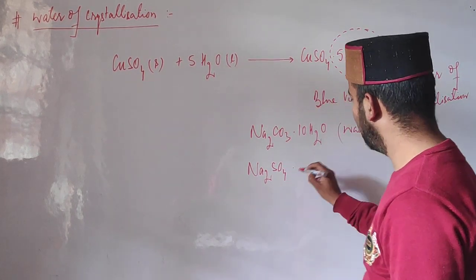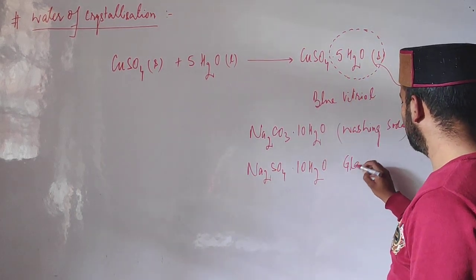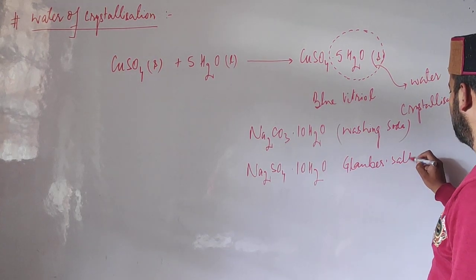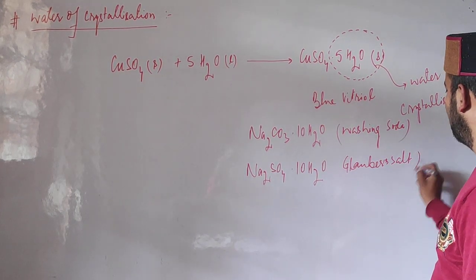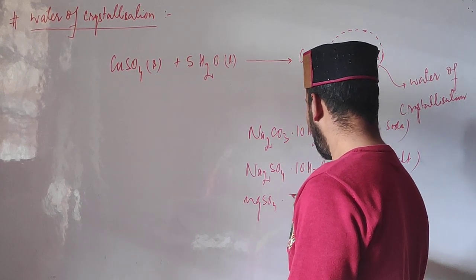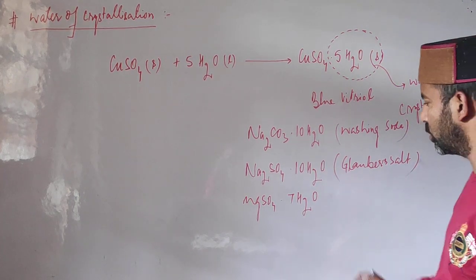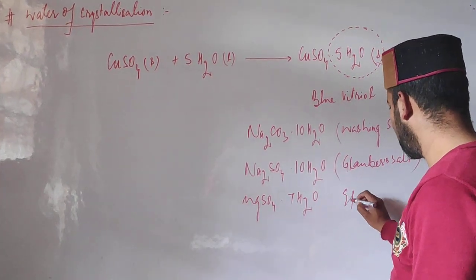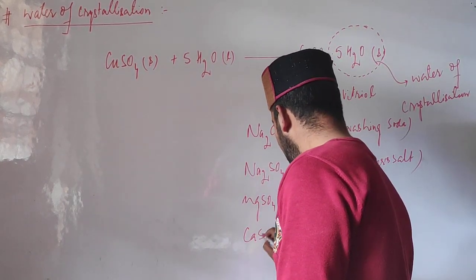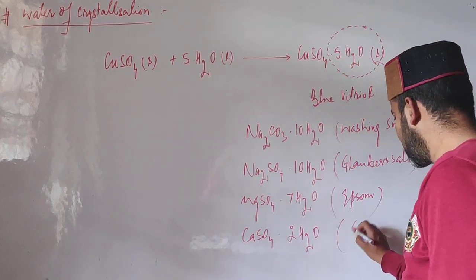So sodium sulfate decahydrate is called Glauber's salt. Then we have magnesium sulfate, which is heptahydrate, so there are 7 water molecules as water of crystallization. This is called Epsom salt. Then we have calcium sulfate, CaSO4.2H2O. This is called gypsum.